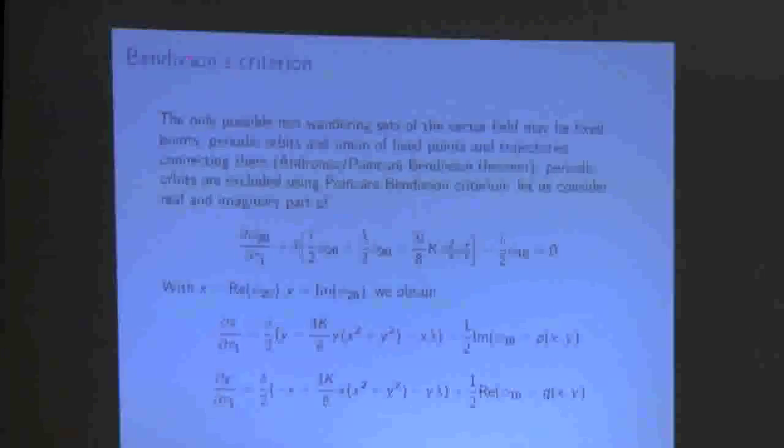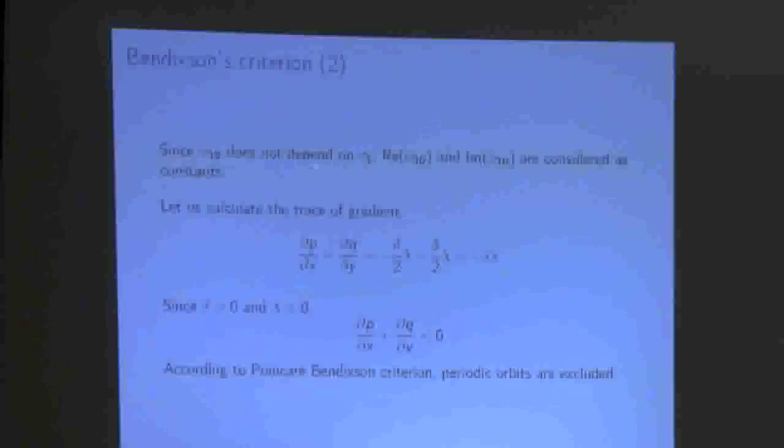By the way, the Bendixson criterion says that the possible non-wandering sets of a vector field may be points, periodic points, and union of fixed points and trajectories. Here, periodic orbits are excluded because if we consider this equation, with the real part and imaginary part of phi 2,0, we obtain this differential system.